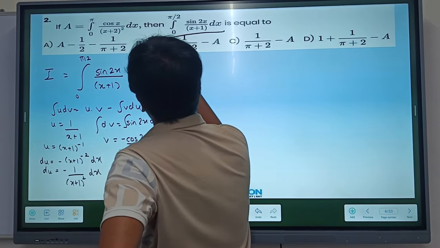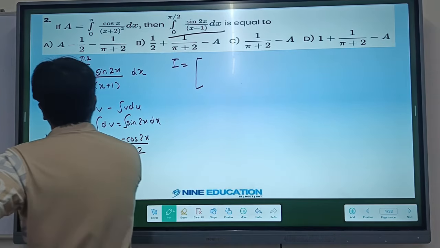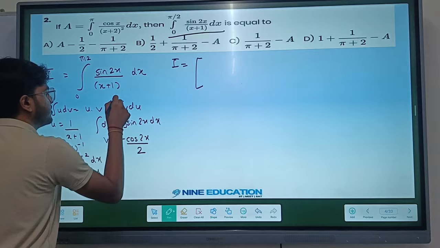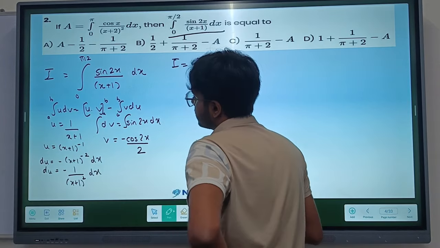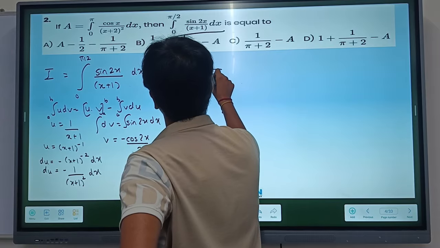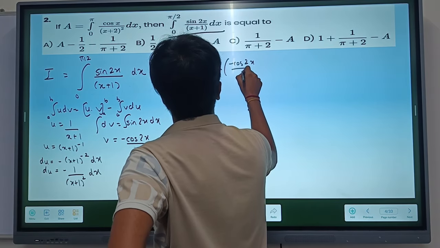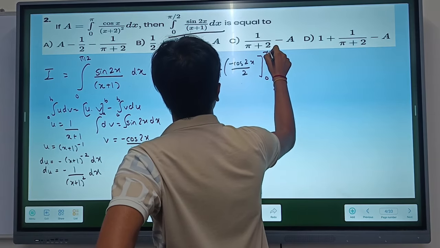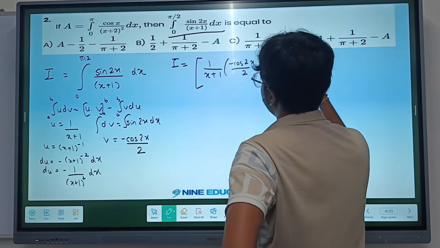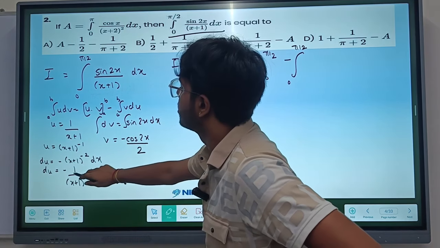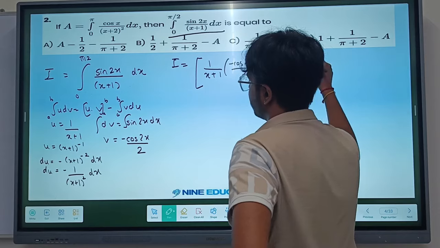So let's substitute. I value would be u into v with limits a to b, minus the integral of v du. What is u? U is 1 by x plus 1. V is minus cos 2x by 2, from limits 0 to pi by 2, minus the integral from 0 to pi by 2 of v du. V is with a minus, du is also with a minus. Minus minus becomes plus, but there is a minus already in front.